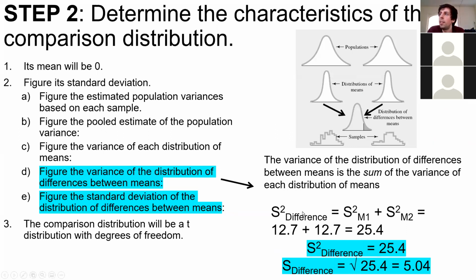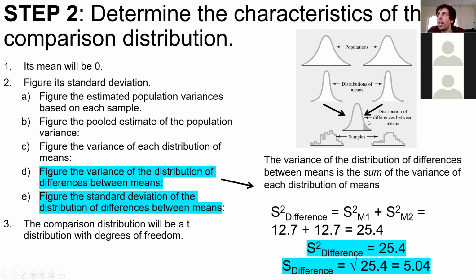So the fact that the distribution of the difference between means has, in this case, literally double as much variance as each of the sampling distributions tells you something about the drawbacks of an independent samples t-test.